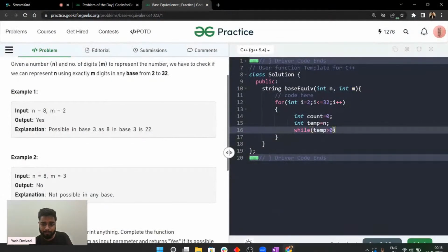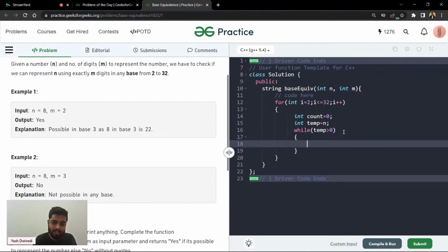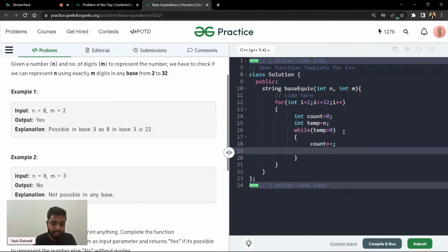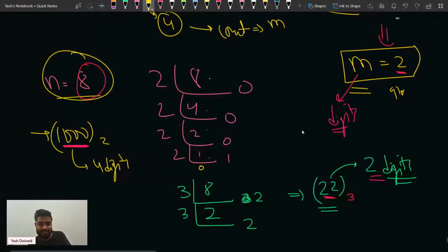So what I will do here is say while temp is greater than 0, I'll simply do count plus plus, and then temp divide equals i, because I'll keep on dividing it by the ith base. If I have, let's say, i equal to 2, basically if I want to check with base 2, I'll divide it by 2, divided by 2, divided by 2. So 4 times I'm going to divide it by 2, so that means 4 digits total will be there. But I want m digits.